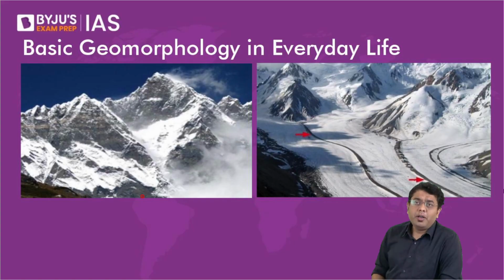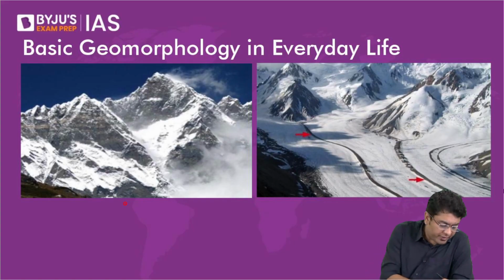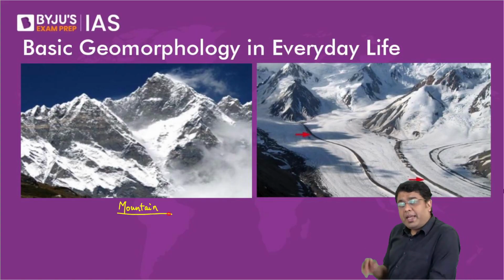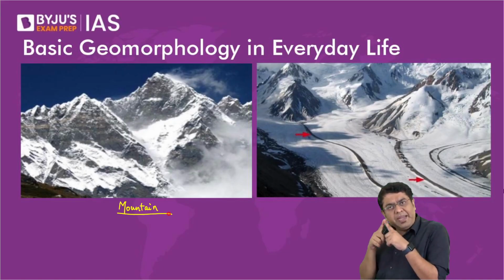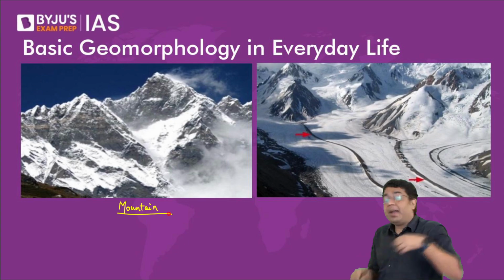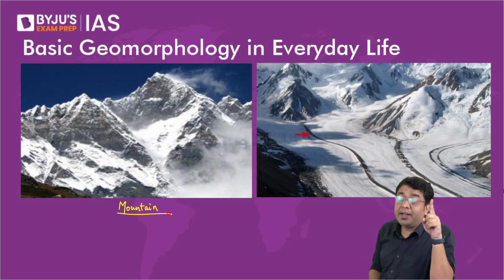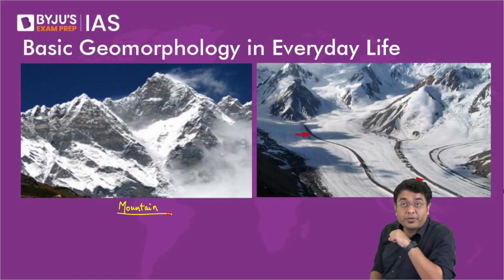So first of all, what you see here is Mount Everest. It is a mountain. When we say a mountain, mountains are basically conical features having a distinct peak, a sharp conical peak, and a great height. Mountains and hills are different in terms of their height and their features.